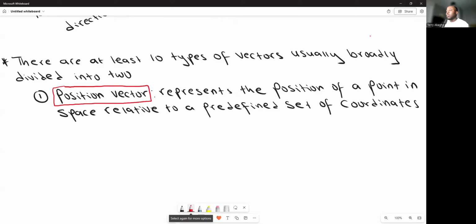A position vector. Now, but, okay, when the magnitude and direction of the position vector can be changed relative to other bodies, this is what we now call a location vector.